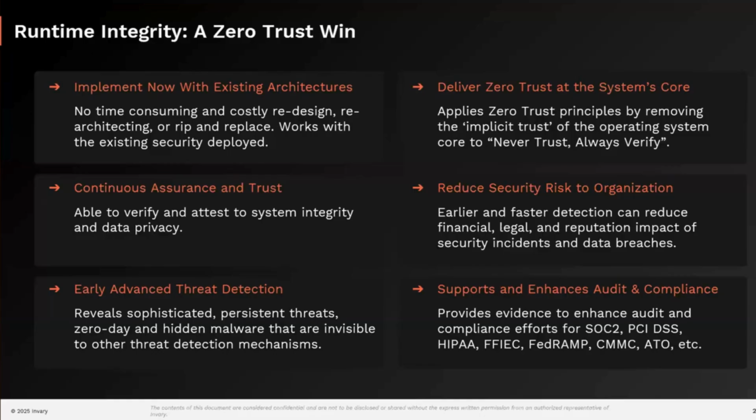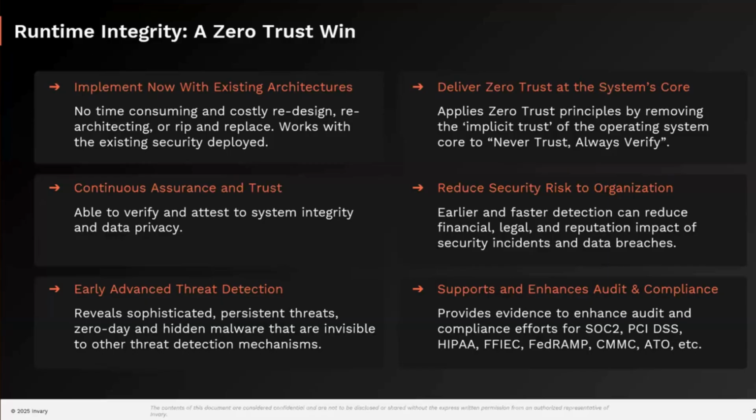One of the wins that I would say is relatively easy is implementing an integrity-type solution like Invary has, because you're not having to redesign. It works with whatever your existing architecture is, and it's addressing something very foundational that's increasingly becoming important in security and protecting our systems.